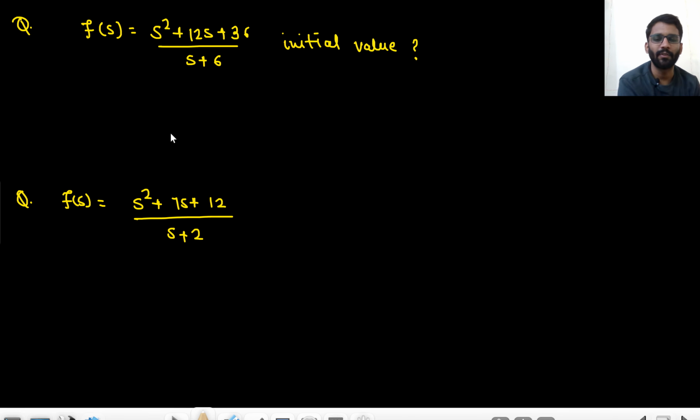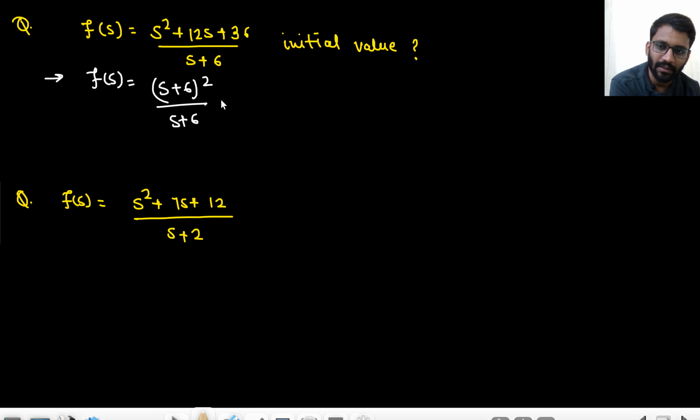You have to find the initial value for this function. So before applying the theorem, what is F of s? This function can be replaced with s plus 6 whole square, divided by s plus 6. So after cancelling, I am getting s plus 6. Now convert it into time domain. What is the Laplace transform of delta t?